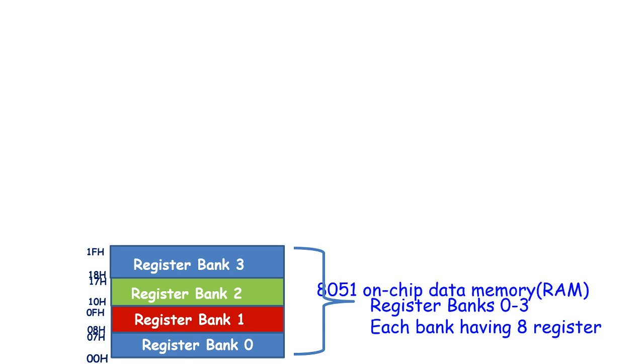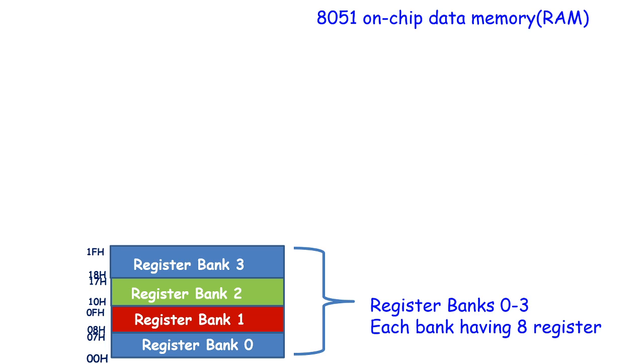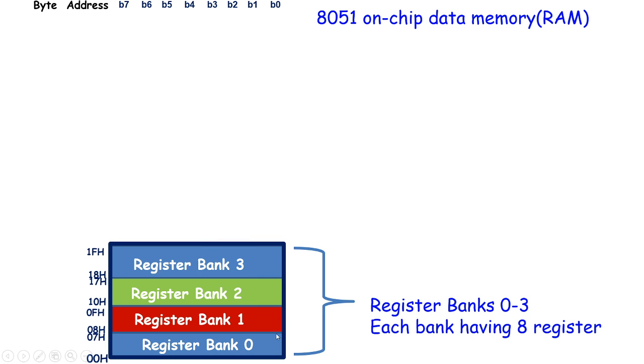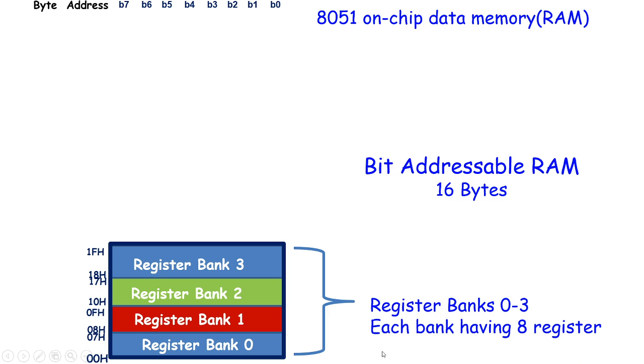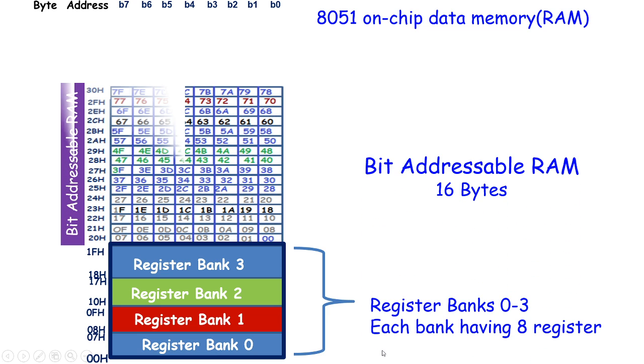So let us discuss the 8051 on-chip data memory, random access memory, in detail. These are the register banks, and each bank has 8 registers. In the exam, a question is asked on this topic like this: draw and explain the internal data memory structure of the 8051 microcontroller.